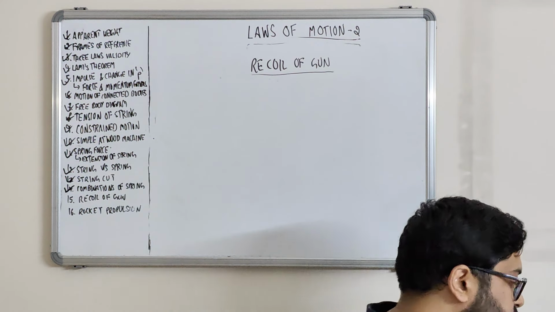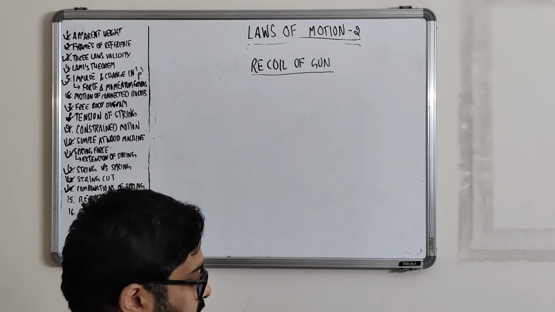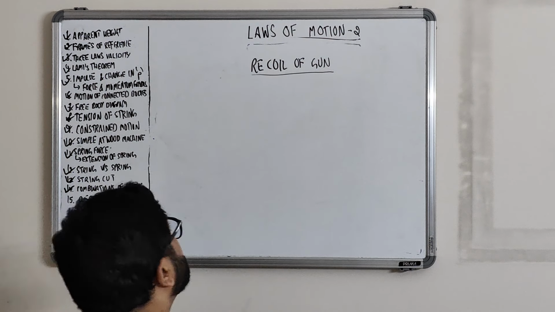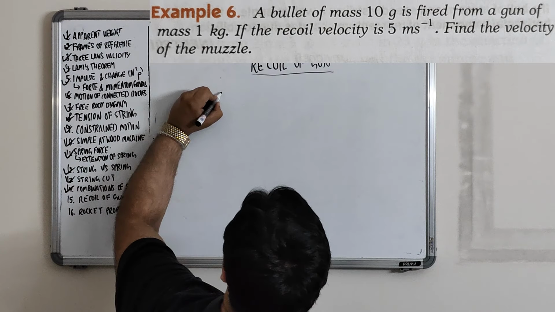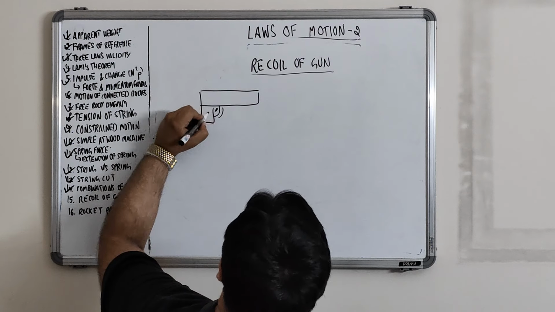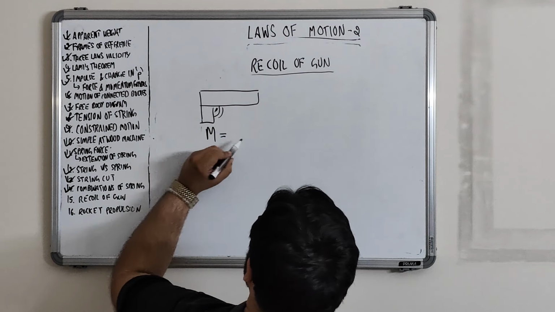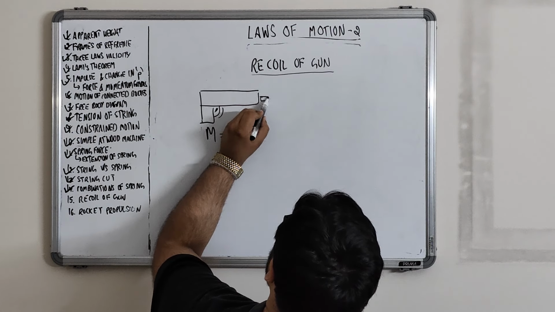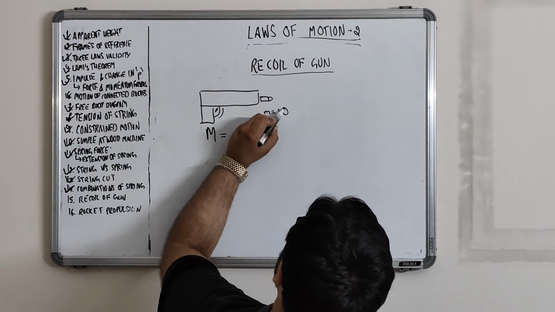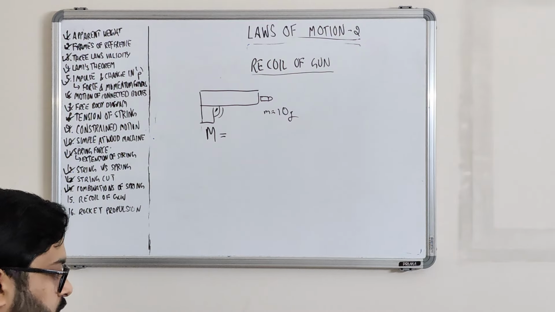Okay, so let's do a question. A bullet of mass 10 gram is fired from a gun. Mass of bullet is 10 gram.